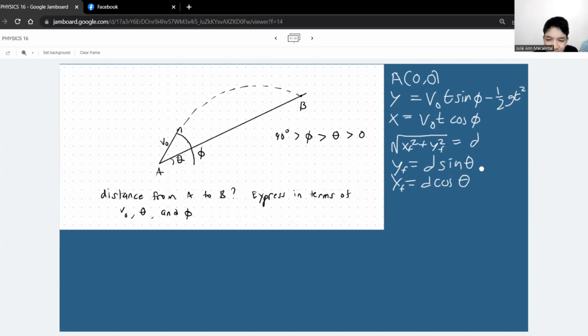Or how do we relate d sine theta to t_f, d cosine theta to t_f?